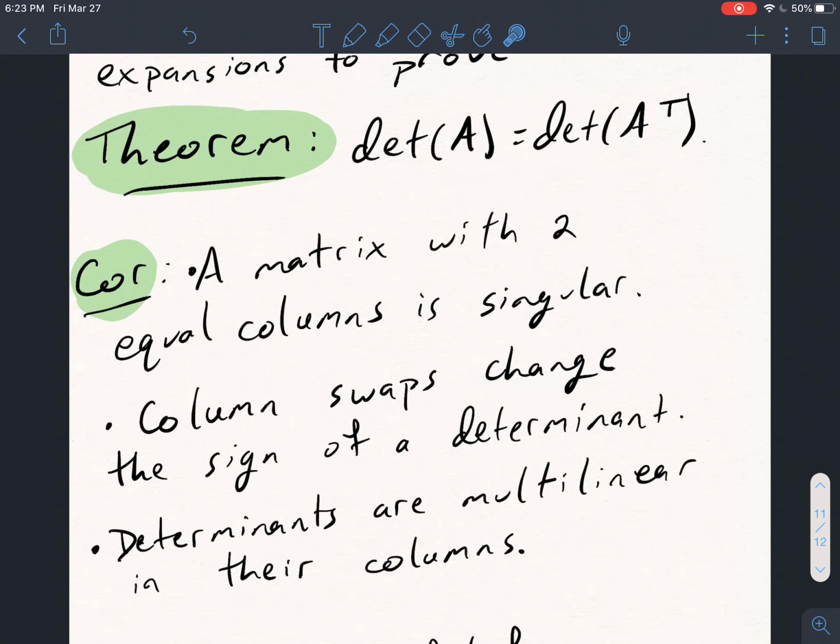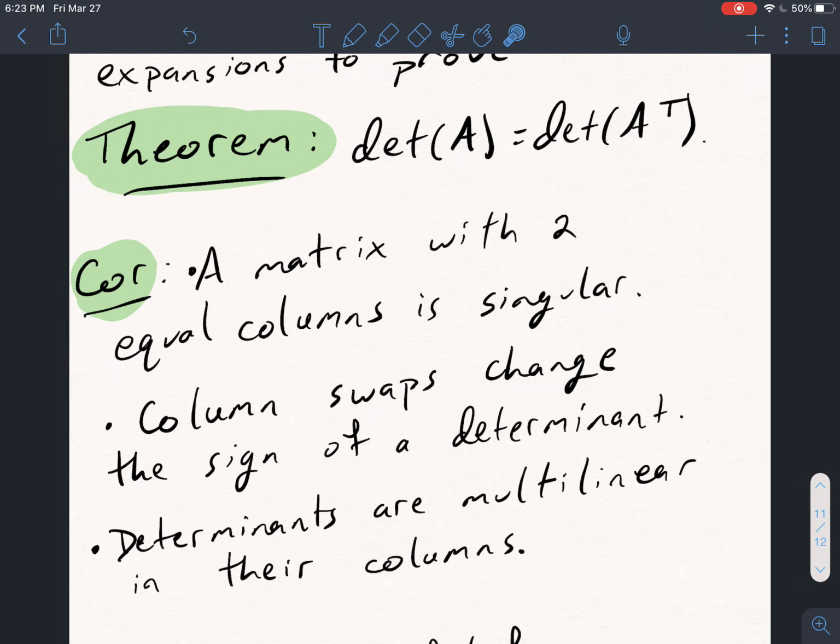So all of the theorems that we said in the previous section about a matrix being singular if some property of rows happens, you can just replace rows with columns, and that all follows through, because you can just transpose your matrix and make rows into columns and columns into rows. So yeah, that's one fact.